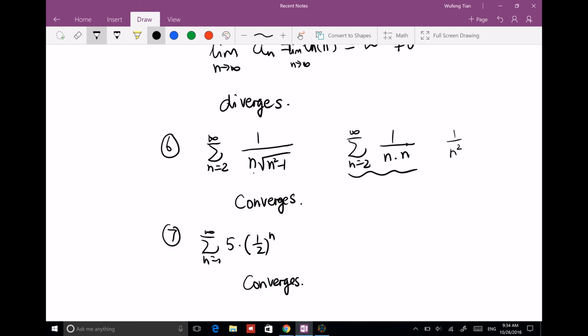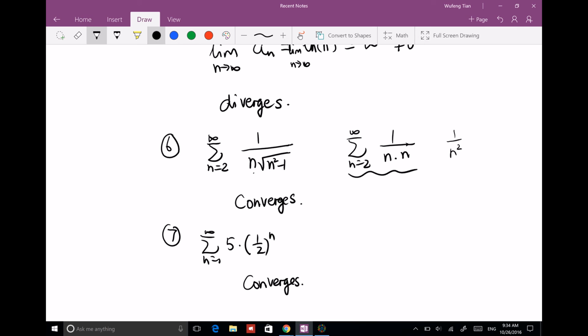You can use the nth term test to test if it diverges, but you cannot use it to test if it converges. Does it make sense? Just one more time. If the nth term is 0, you don't know if it converges or diverges. But if the nth term is not equal to 0, it diverges for sure. All right.